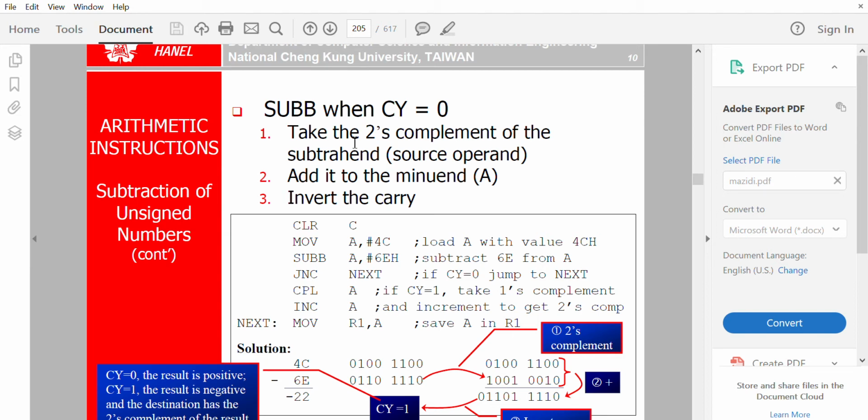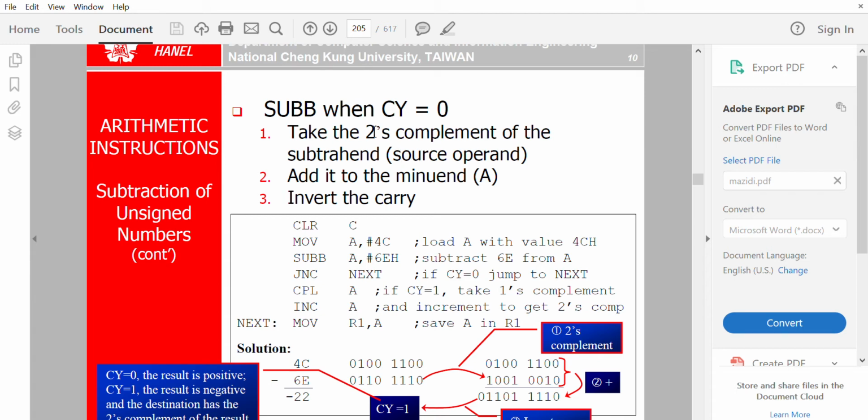The subtrahend is the second number. A minus B means B is the subtrahend, or the source operand, and you add this to the minuend. The minuend is the first number. So SUBB A comma source means the content of A is the minuend, and the content of the source is the subtrahend.